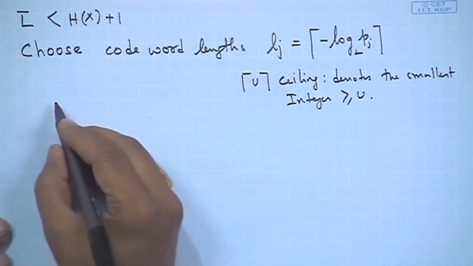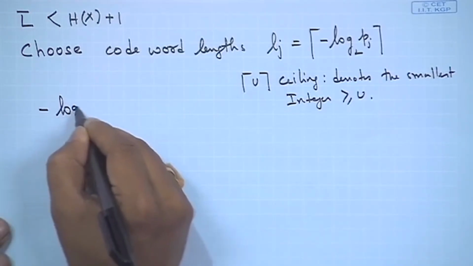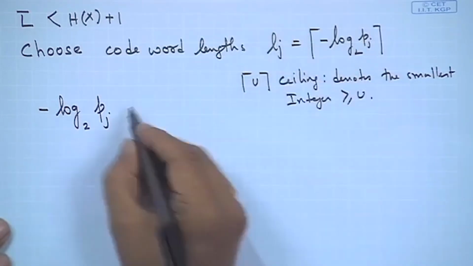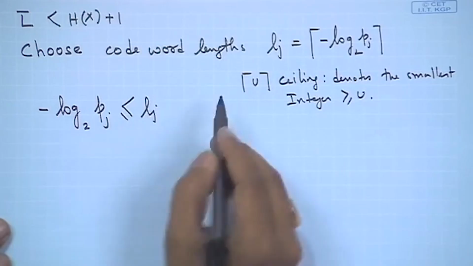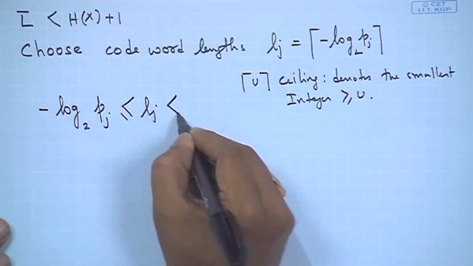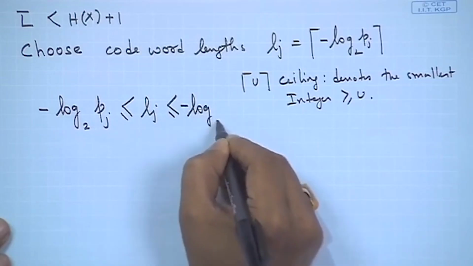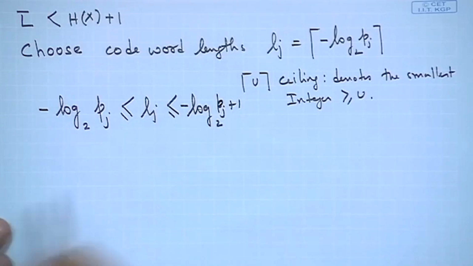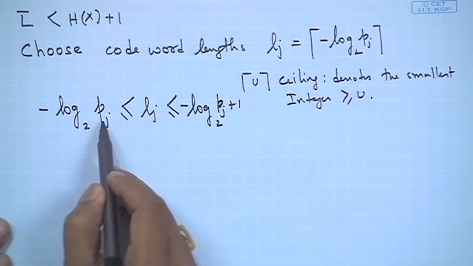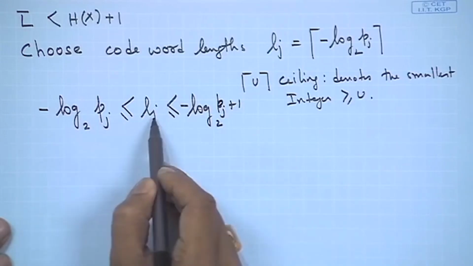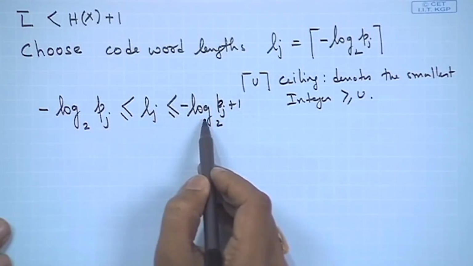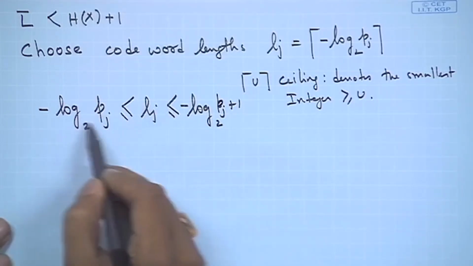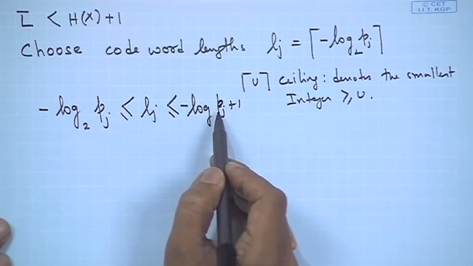So, what we know is that from minus log base 2 of p j, we can write that L j lies between this on the lower side and on the upper side minus log base 2 p j plus 1. So, it is either equal to this or greater than this, and it is less than this particular number. Now, when p j is an integer power of 2, of course, this holds with equality, and of course, this is also satisfied.